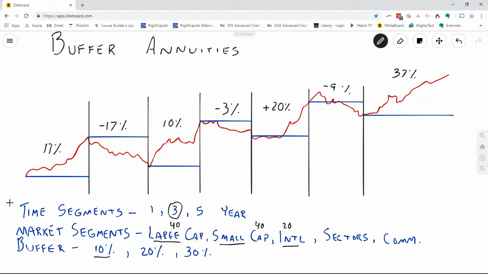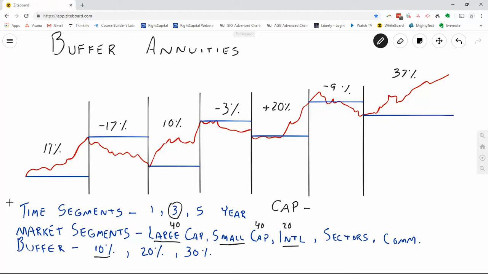And there's one other piece that we need to introduce in order to totally understand how this works, is we need to introduce the concept of what's called a cap, and that's the maximum amount of growth or interest that would be credited during a different time period. So let's use an example.